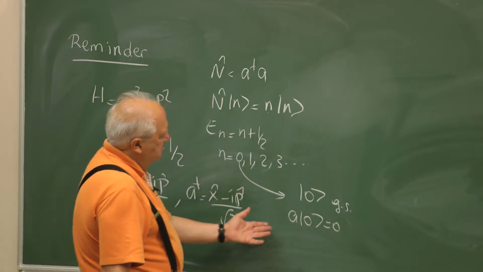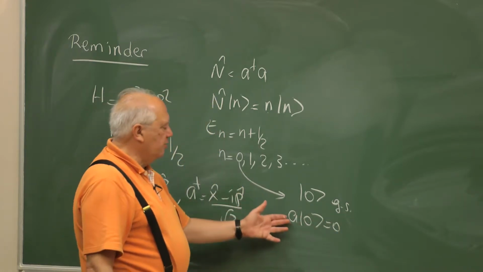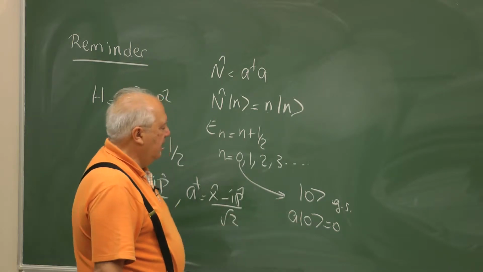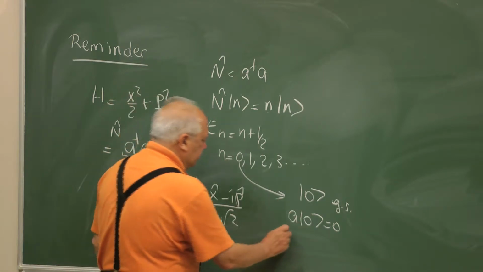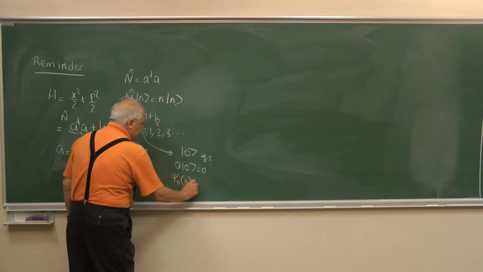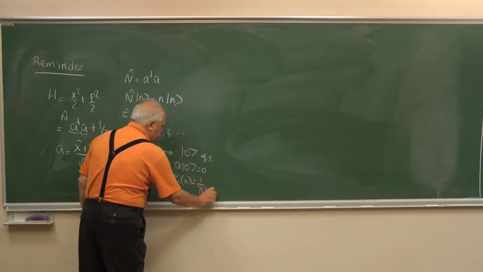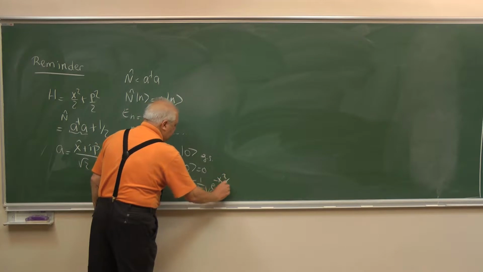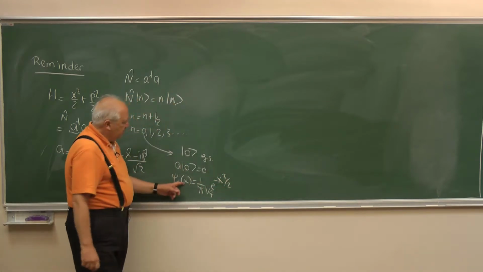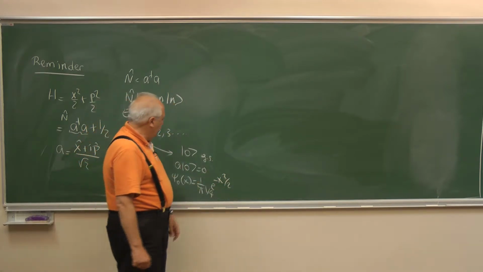And in the coordinate space or in the momentum space, we solved it. For example, psi 0 of x was 1 over pi to the 1/4 times e to the minus x squared over 2, and the same with the momentum, replacing x by p.